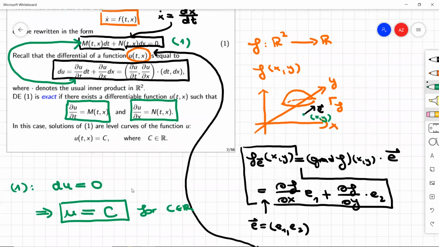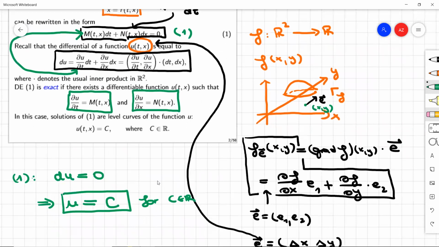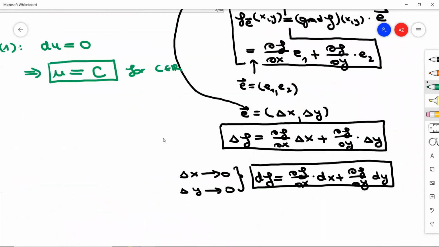Of course, for most equations, it won't be possible to find u. But if this is doable, then we know how to solve the differential equation explicitly. And we will see one example. Let's look at one example of this technique.